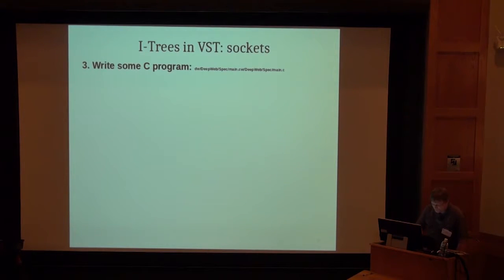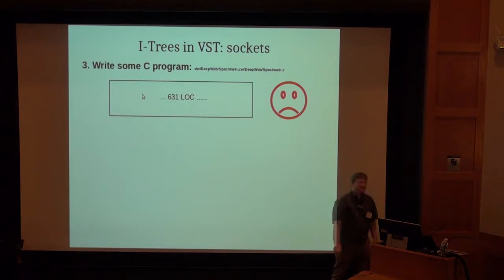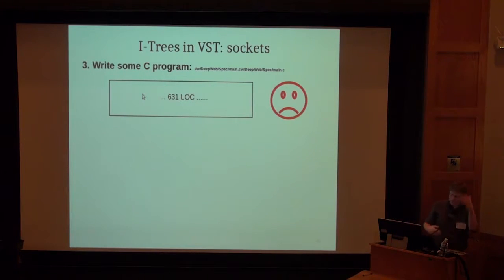Okay, then we write some C program, and maybe I don't show you the file. There's the link. It has 630 lines of C code currently. Great. So it does this swapping where you always get the previous value back, which may actually have been put there by a different connection.